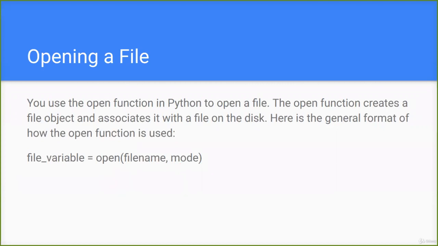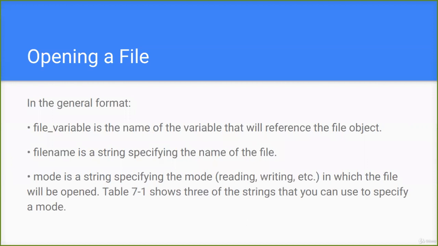Okay, let us try to explore the different types of file variables and the different types of modes that we have. So a file name is basically a string.